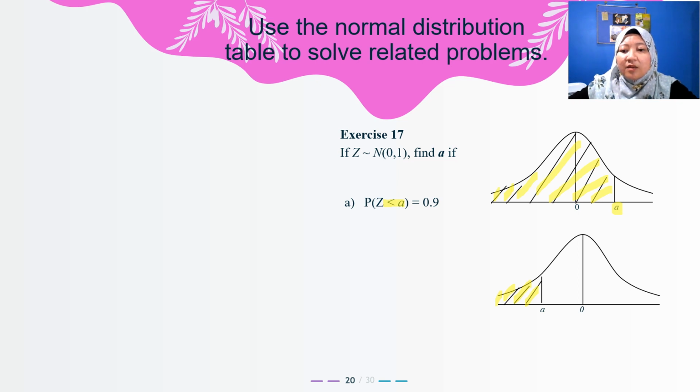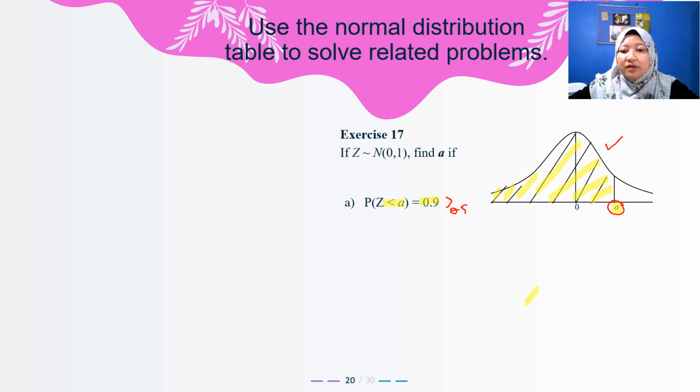Okay, yang mana kita nak pilih? Kita tengok nilai probability. This one mentioned 0.9. 0.9 is greater than 0.5. So, bila dia greater than 0.5, of course, kawasan dia adalah yang ini. Bermaksud A kita adalah positive.